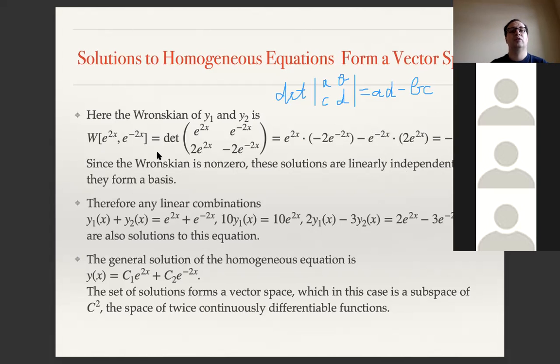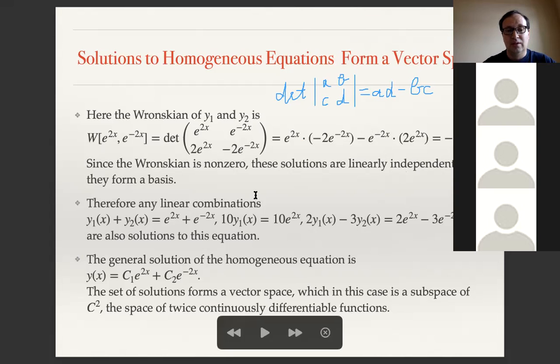And since the Wronskian is non-zero, these solutions form a basis for the space of solutions. Then any linear combination of these two solutions is also a solution, and in general, the solution can be written as a constant times e to the 2x plus another constant times e to the minus 2x.